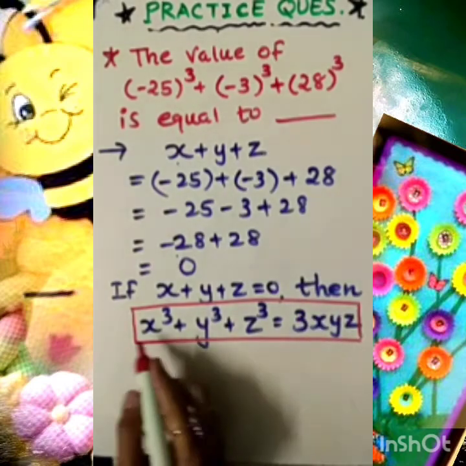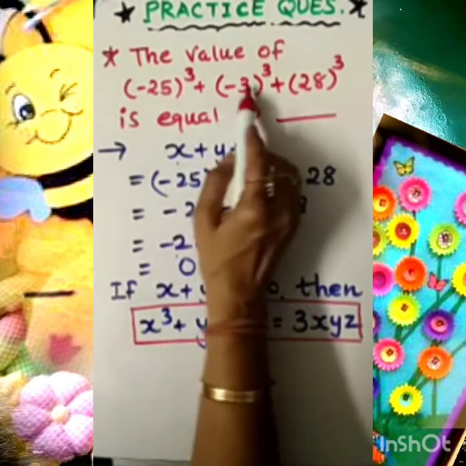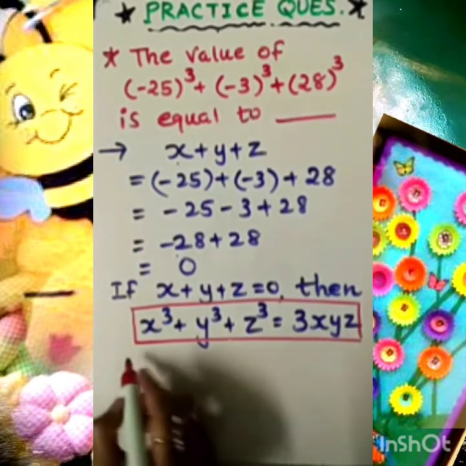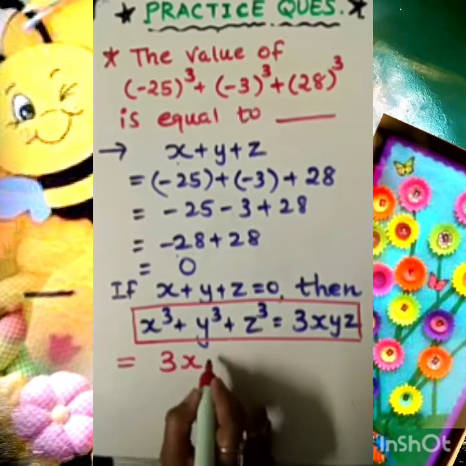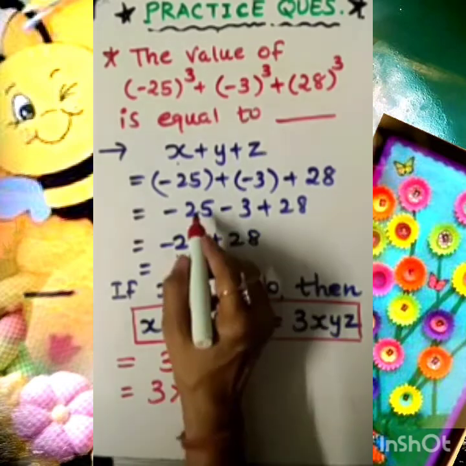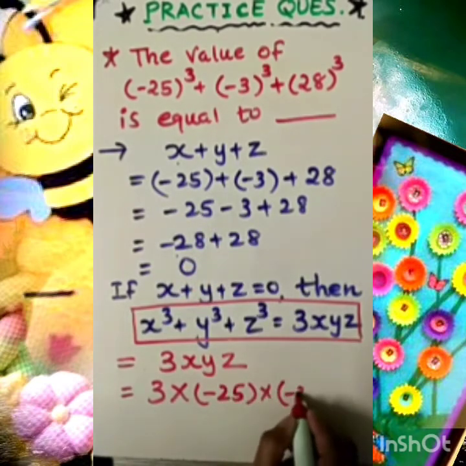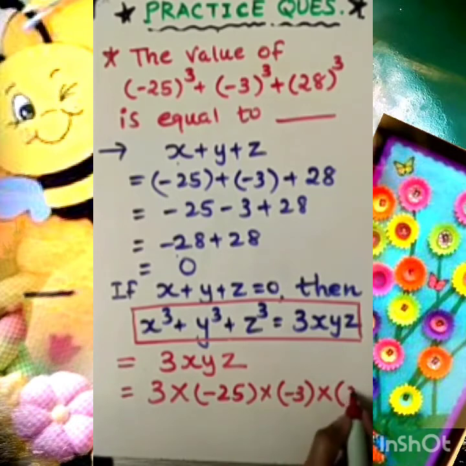So according to this, the sum of the cubes of these three numbers will be 3xyz. Now, the value of x we have considered minus 25, y minus 3, and of course z 28.